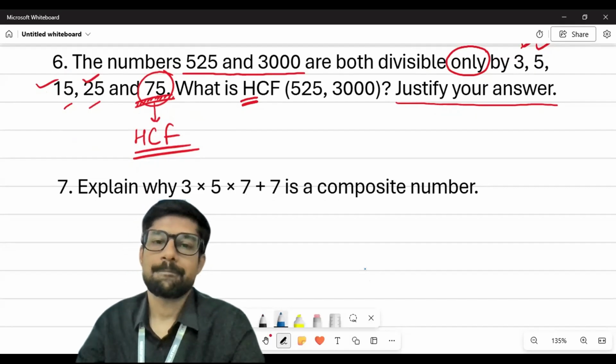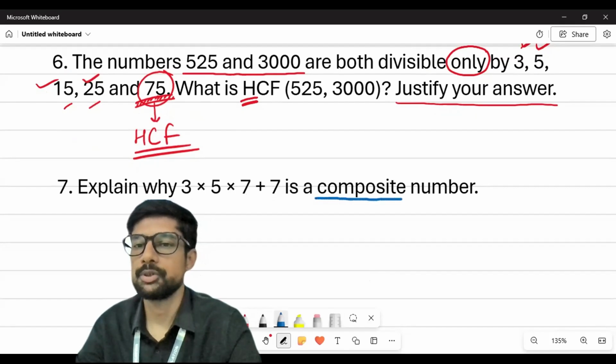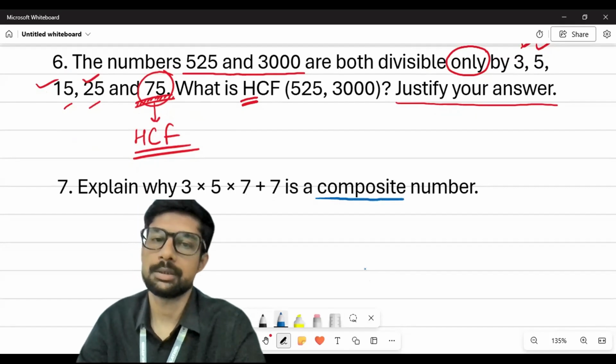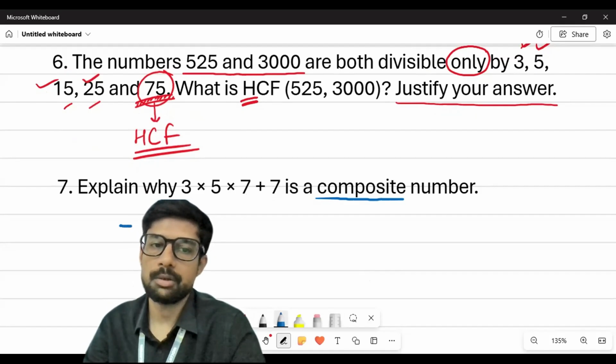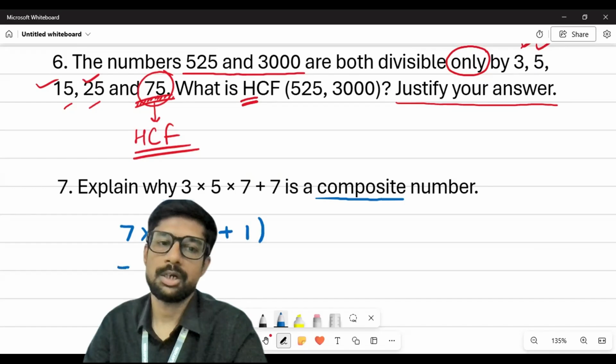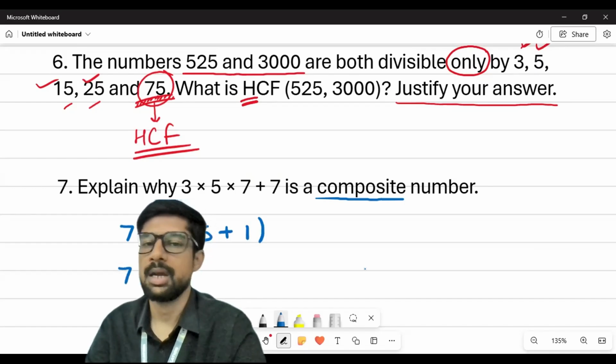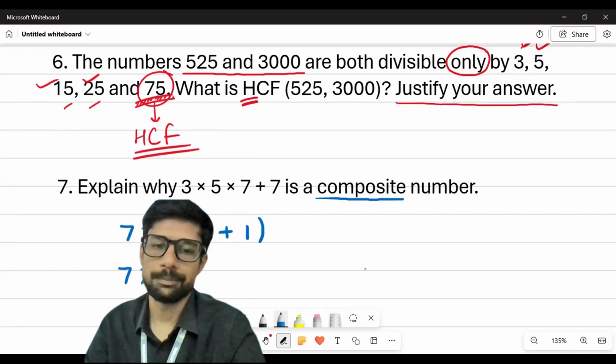In order to prove a number composite, we'll show its factors. We'll convert that into its factors. So we'll take out 7 common and we'll be left with 3 into 5 plus 1. That means 7 and 16.